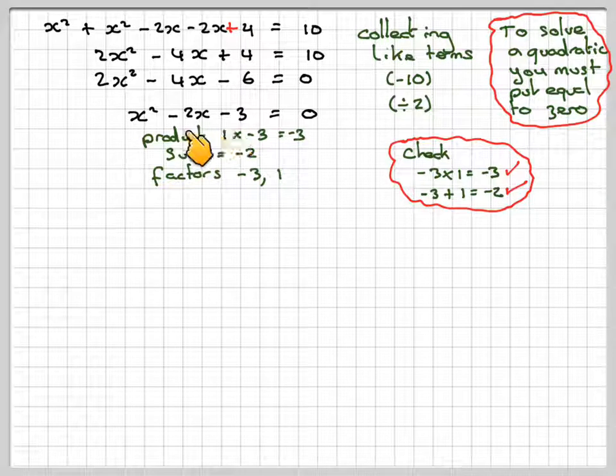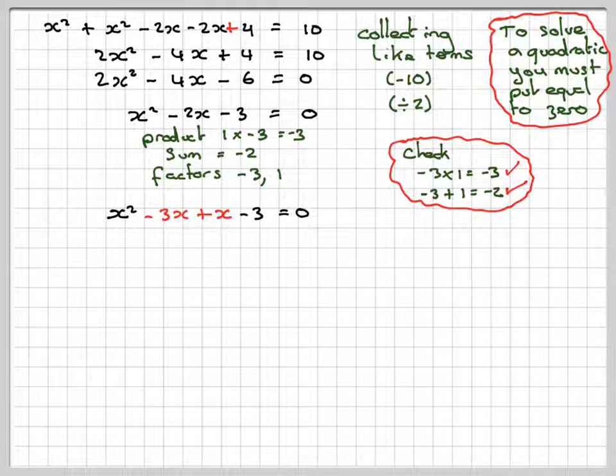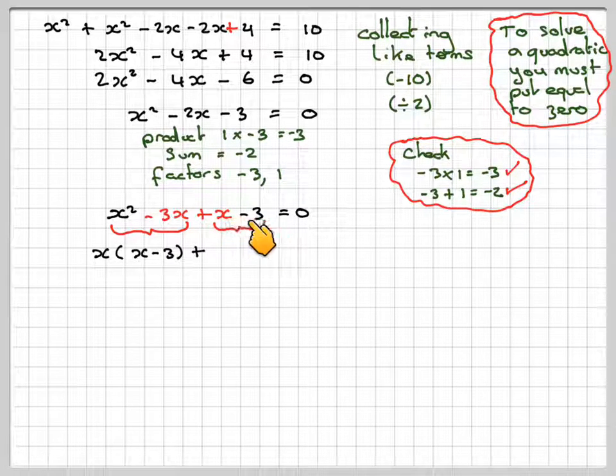So we take our quadratic, and now we split the middle term up. We get x squared minus 3x plus x minus 3 is equal to 0. We join these two up, we take out a common factor of x, we get x minus 3. We bring down the plus and then group these two together. There is no common factor, so we'll put in a 1, brackets x minus 3 is equal to 0.